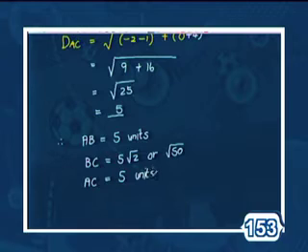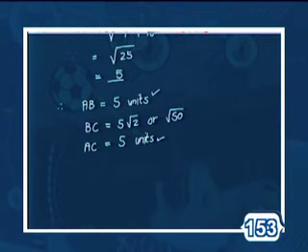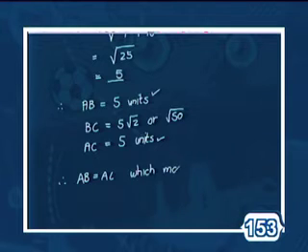And so now I can actually say, well, look at that and look at that. Those are now equal. So how am I going to prove it? I'm still not done. I now need to say, therefore, AB is equal to AC, which makes it an isosceles triangle.